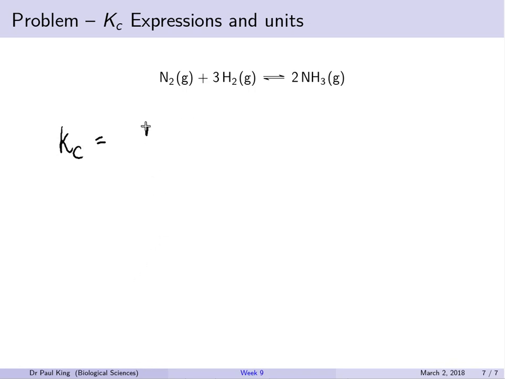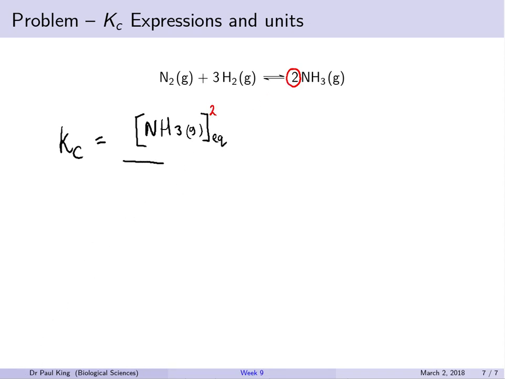We first write down our product, which in this case is ammonia gas, and we're interested in its concentration at equilibrium. And remember, we have to raise that concentration term to the power that occurs as the numerical coefficient in the chemical equation, which in this case is a 2.